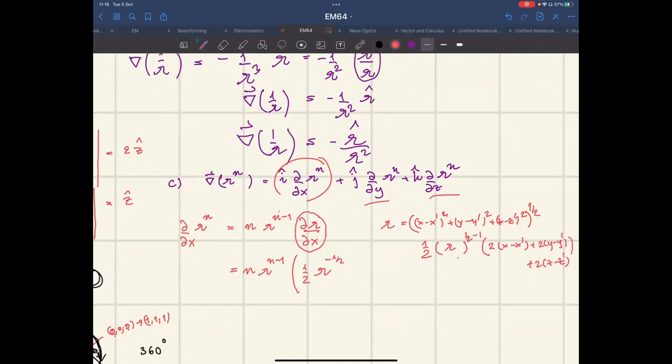All right, so we have 2. We put 2 out from the equation. We would have only the derivative with respect to x, and this term is 0.